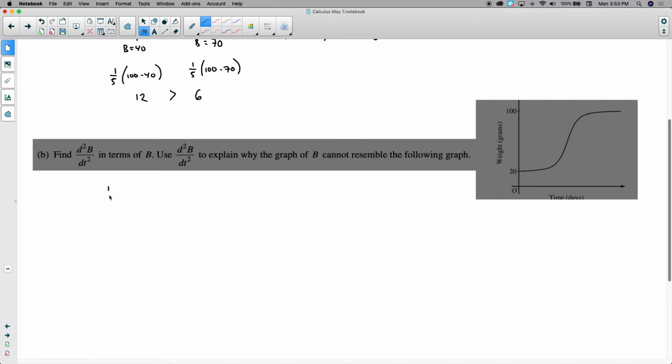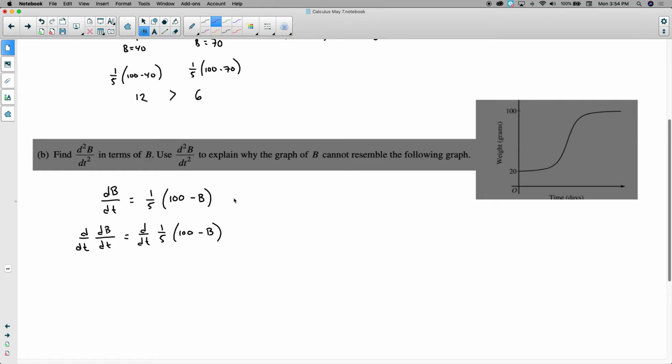All right, let me start with the opening fact that dB/dt was equal to 1/5 times 100 minus B. Then I'm going to take the derivative of this side with respect to T, and I'm going to take the derivative of this side with respect to T. And hopefully alarm bells are going off because you realize that you're differentiating with respect to T, but you have no T's.